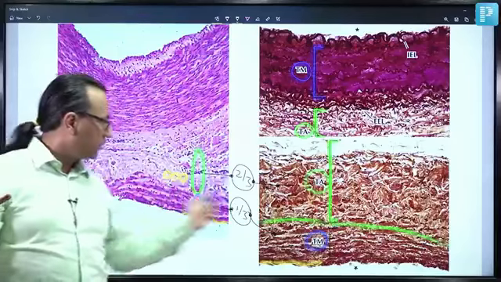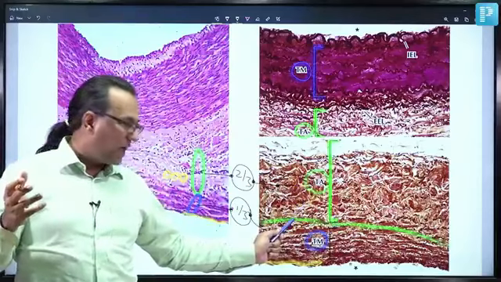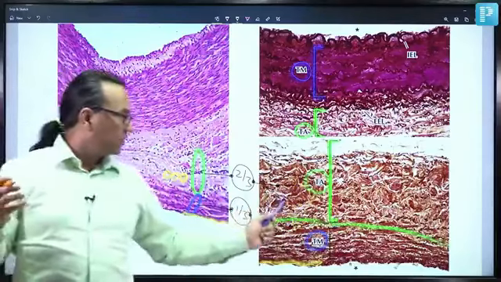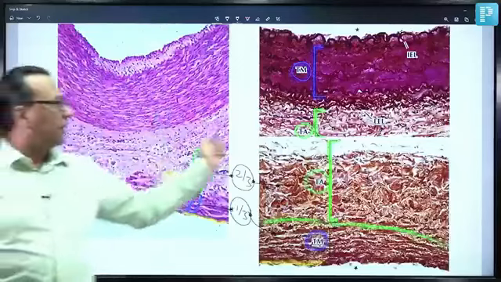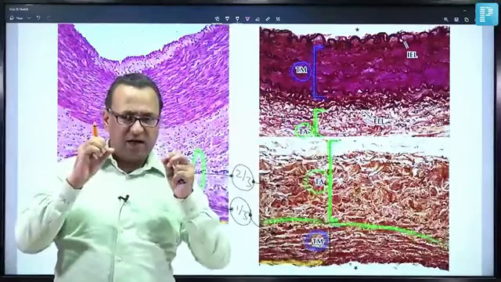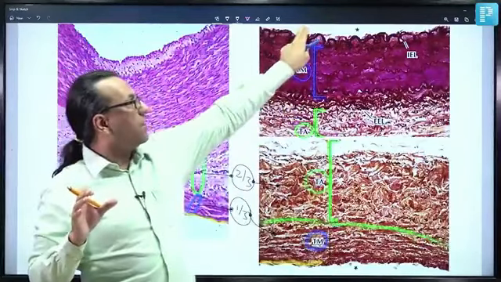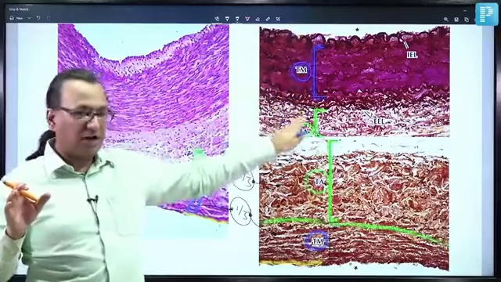Vasa vasorum in the tunica adventitia of a vein especially, though you can have vasa vasorum in the tunica adventitia of an artery as well, like aorta. Aorta is having such a thick wall that the oxygen coming from the lumen may not reach the tunica adventitia.